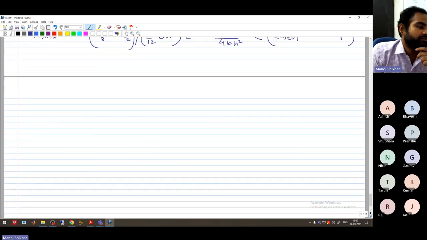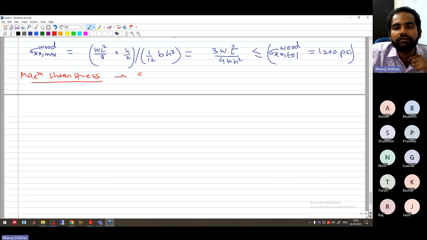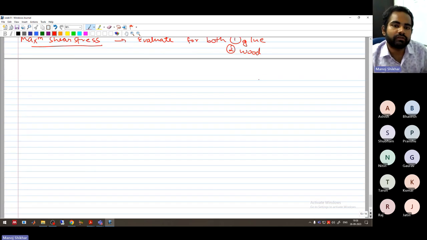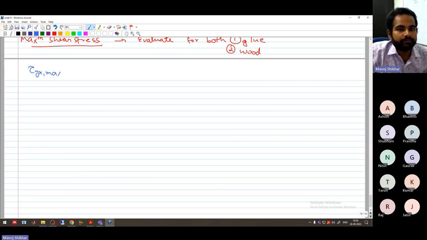Now we need to find the maximum shear stress. For the maximum shear stress, we have to evaluate for both glue and wood. In both we have to see and then compare accordingly. So tau yx max, we know the formula of tau yx max, right?